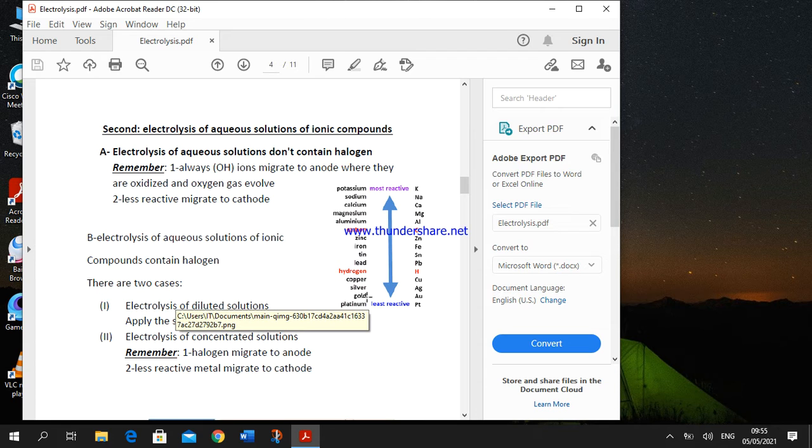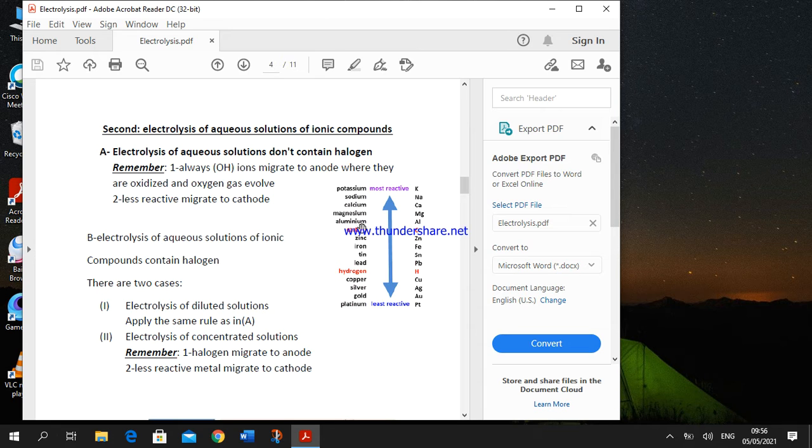In this part of the curriculum, we will talk about the electrolysis of an aqueous solution of an ionic compound. This depends on the chemical activity series, a series in which the metals are arranged in descending order according to chemical activity.